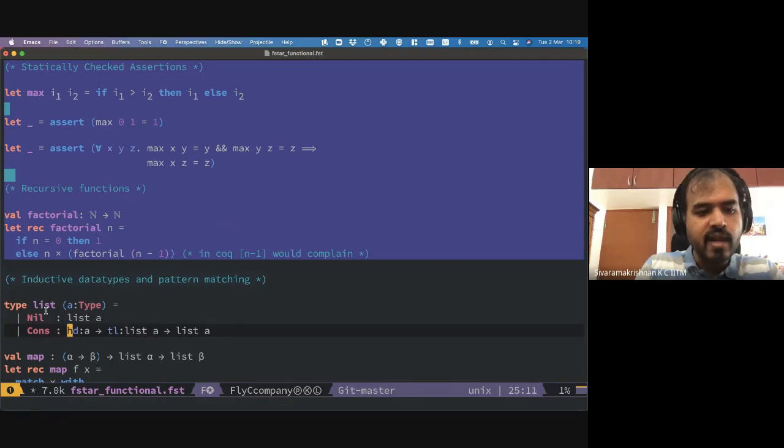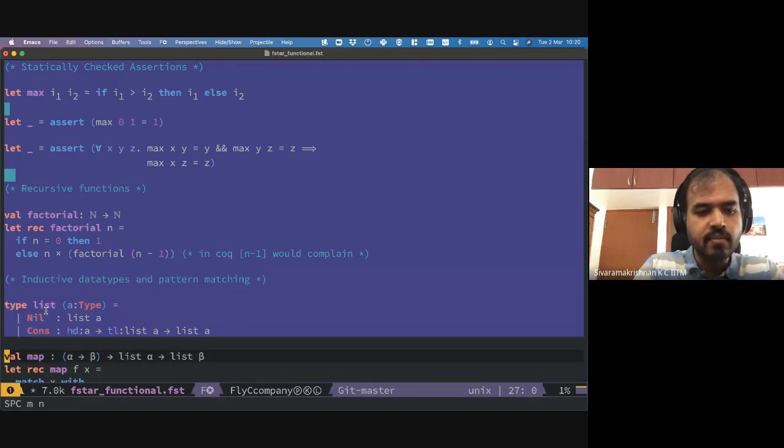So the way to read this is that I am naming this as head, and the type is A, and the second argument I'm just giving it a name as TL tail, and then I'm saying that the type of that is list A, and if you cons a head to a tail, you get a list as a result, right? So this is obvious. This is different from OCaml, but keep that in the back of the mind. We will see why that is useful. Okay, so that's inductive type.